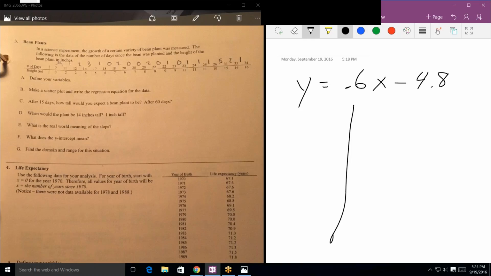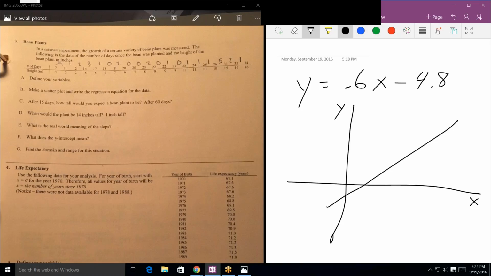If I told you I had a plant that grew like that, where X was the number of days and Y was the height of the plant, what's slope mean? After X amount of days, slope means how much it grows per day, right?